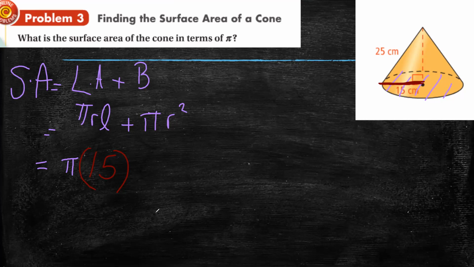So pi r times the slant height. Where's the slant height? This is one. It is the altitude of the lateral face.